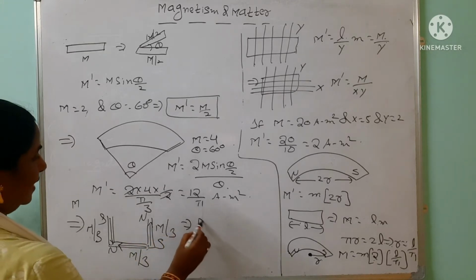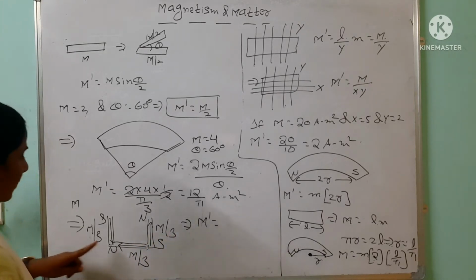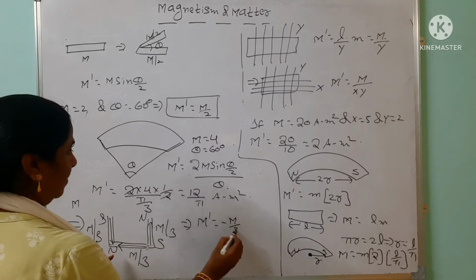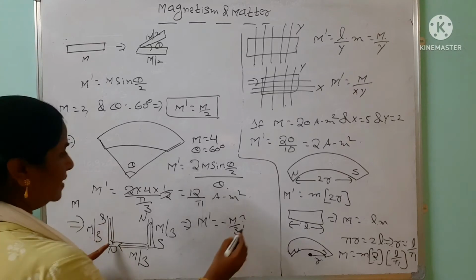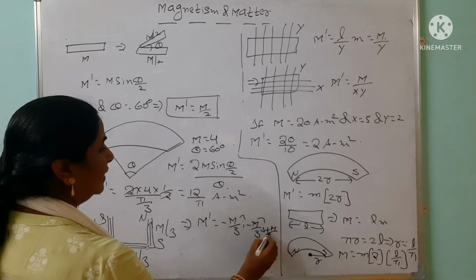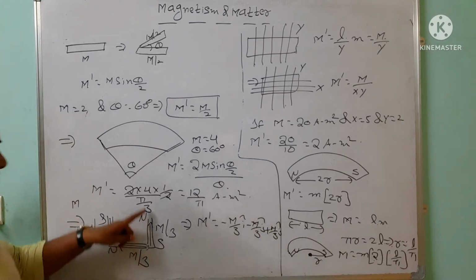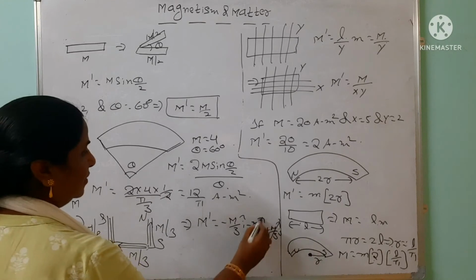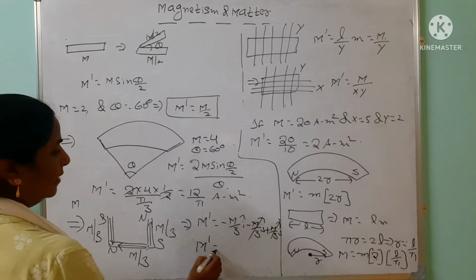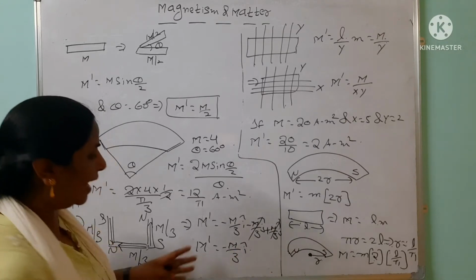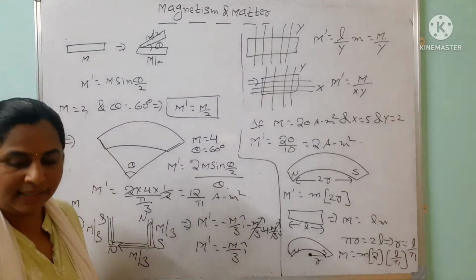How to write the expression? M dash equals, along the x-axis, minus M by 3 i cap, minus M by 3 j cap, plus M by 3 j cap. Why? One is acting along the positive y-axis, another along the negative y-axis. These two cancel. The resultant magnetic moment is M by 3 i cap. If they ask only the magnitude, we simply take M by 3.